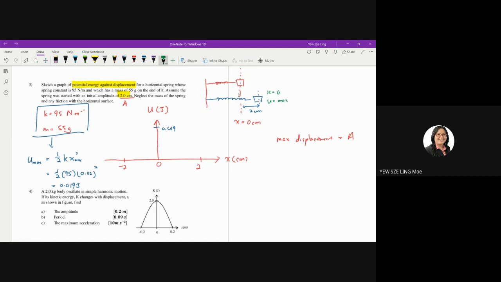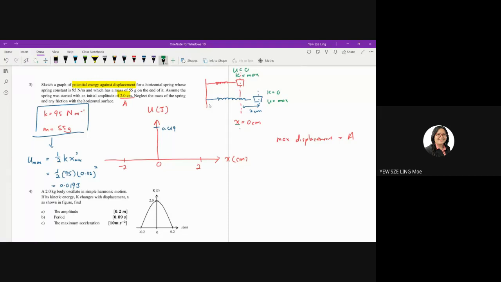When it goes back to its original position, where x equals 0, you look at the equation: half k x squared. When x equals 0 at the equilibrium position, it means our U equals 0. And at this point, we have K equal to the maximum value. If the object keeps moving towards the negative side, towards the maximum negative displacement, then you're going to have maximum energy again.